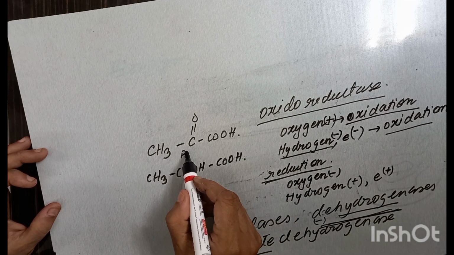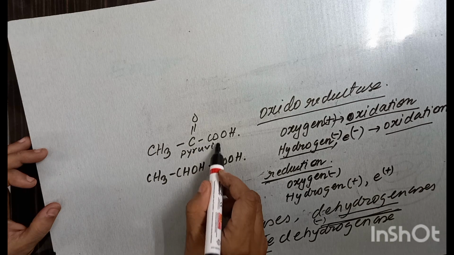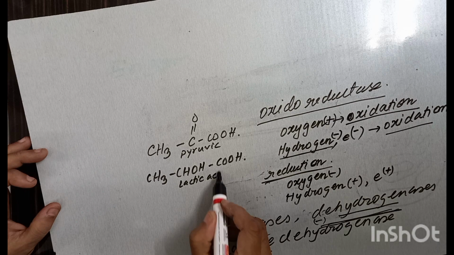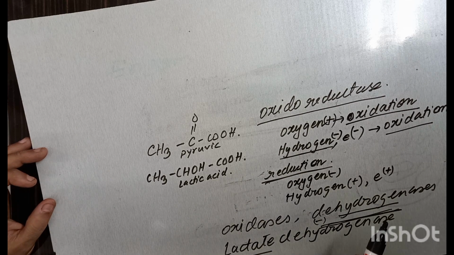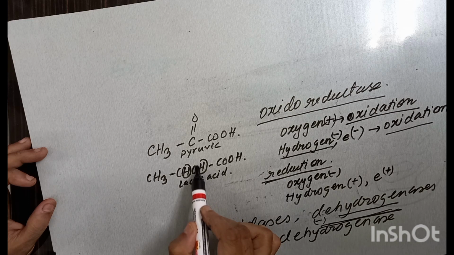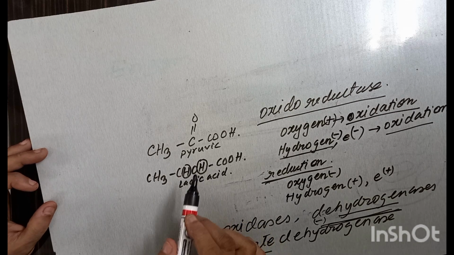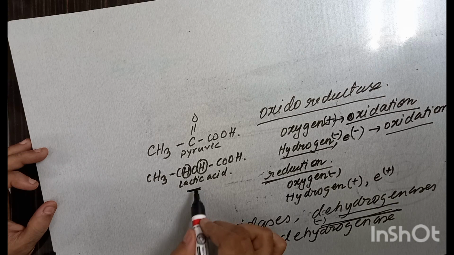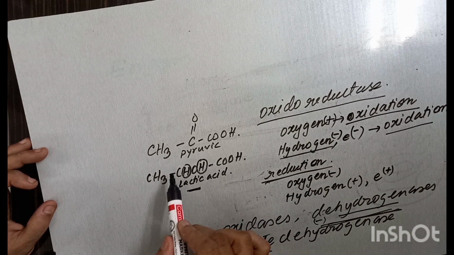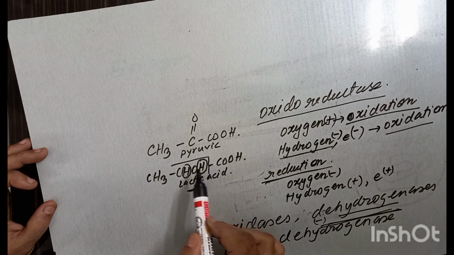Between pyruvic acid and lactic acid, what is the difference? See these two hydrogens. If these two hydrogens are removed from lactic acid, we get pyruvic acid. So this is the donor group.